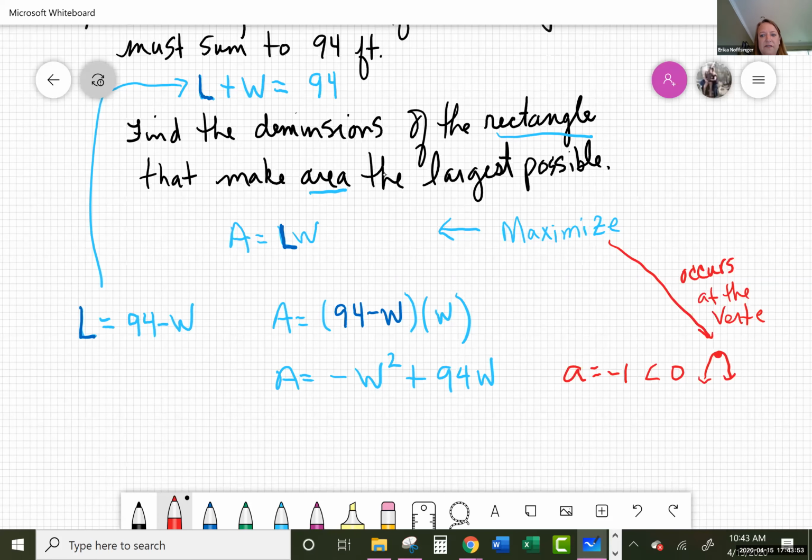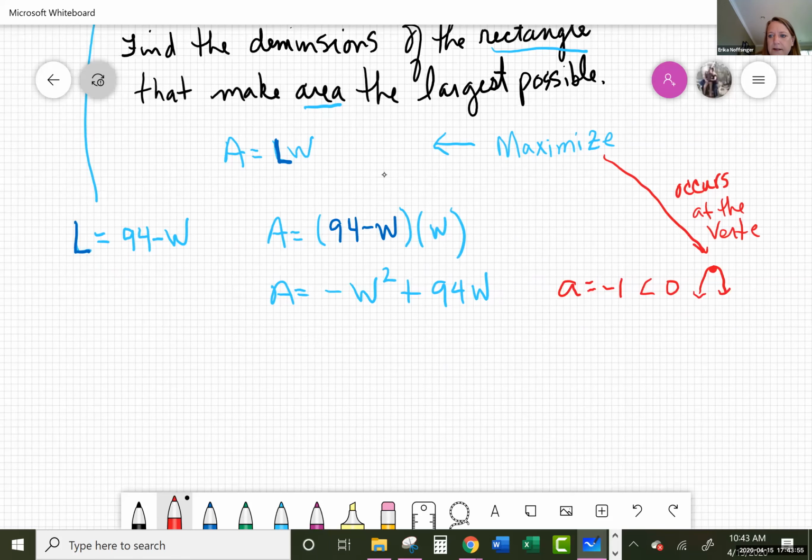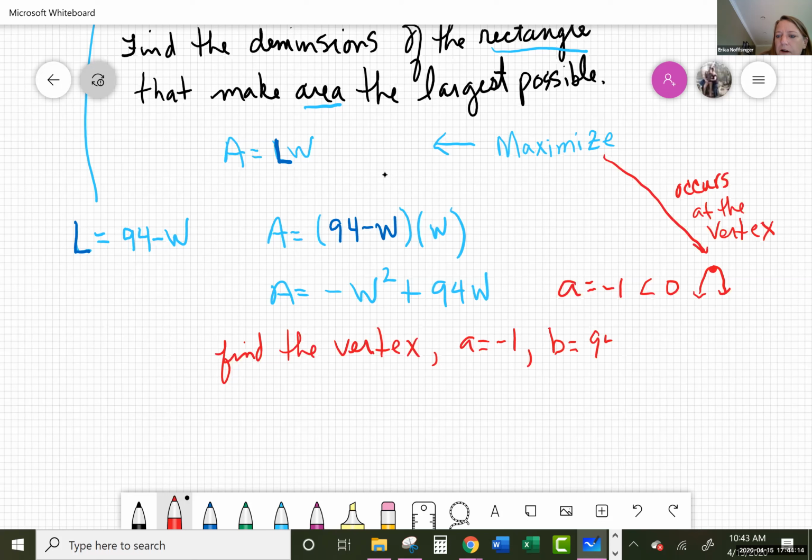If I look at this, I determine what my A value is and what my B value is. In this case, A is equal to -1, and B is equal to 94.